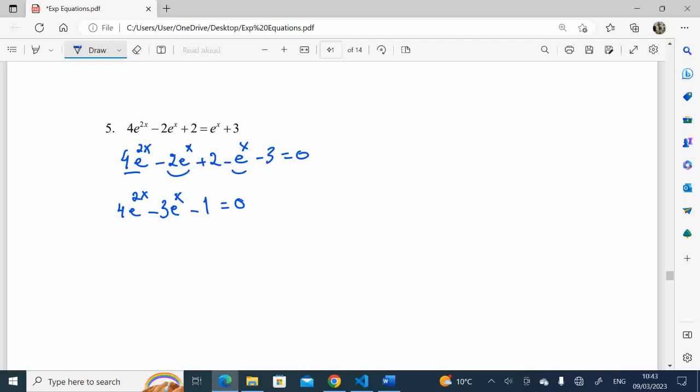So we can write this equation as 4(e^x)^2, because (e^x)^2 will be e^(2x). This is according to the property that says (e^x)^n is equal to e^(nx). Then we write 4(e^x)^2 - 3e^x - 1 = 0.